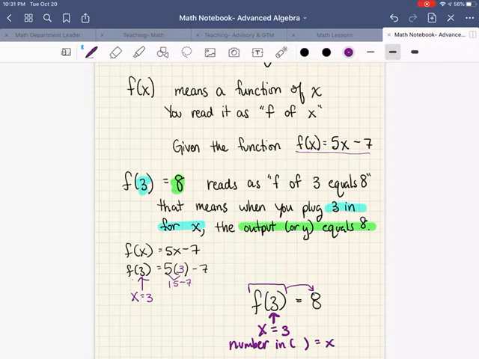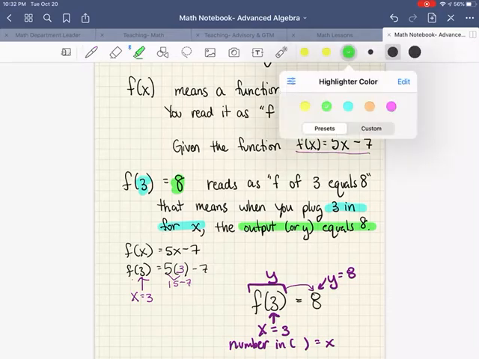Then the 8 is equal to f of 3. What the heck does that mean? Well, remember we said that f of x is the same as y, so that means that y equals 8, okay? So the number in parentheses is the x. The number that it's equal to is the y. So that's a really important idea.